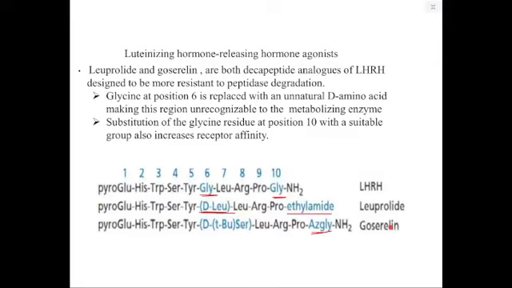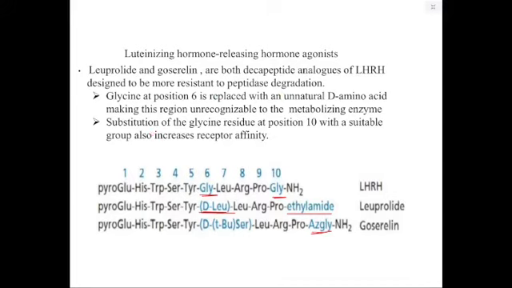the receptor and finally give what we call receptor apathy. And once you get the receptor apathy, there will not be production of the luteinizing hormone and hence no activity. So glycine at position 6 is replaced with an unnatural amino acid, making this region unrecognizable to the metabolizing enzyme, and therefore giving leuprolide a much longer duration of action.